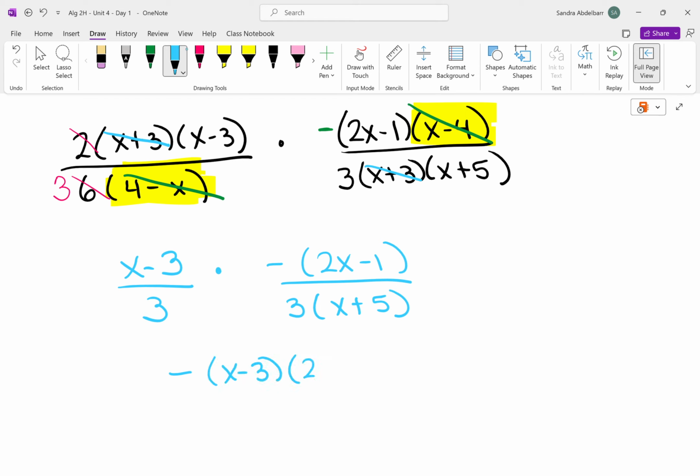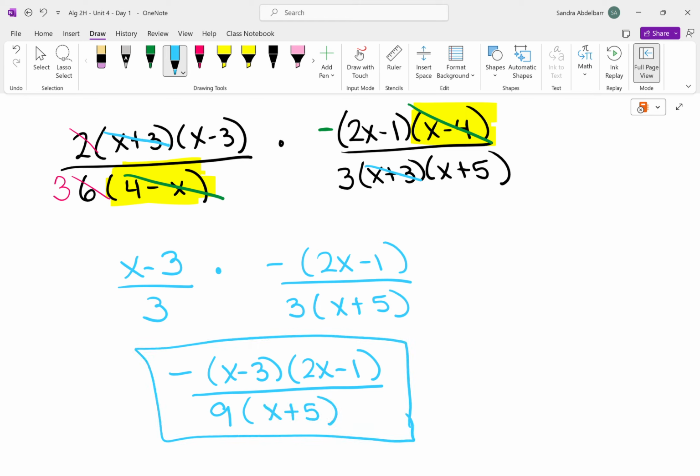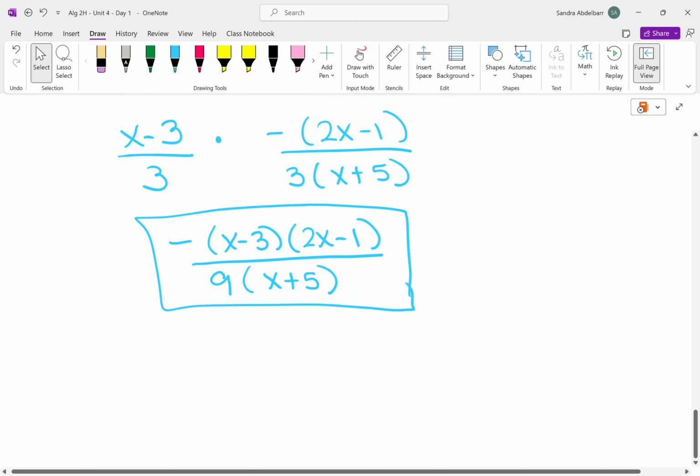So I'll pull the negative in front, and then I have the quantity of x minus 3 times the quantity of 2x minus 1 over, I can multiply the 3's though, right? 3 times 3 is 9 times the quantity of x plus 5. And you could leave it like this. If you wanted to FOIL and distribute, could you? Yes. Would that be a waste of your time? Yes.